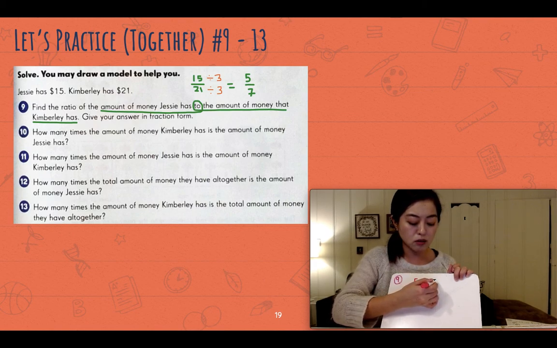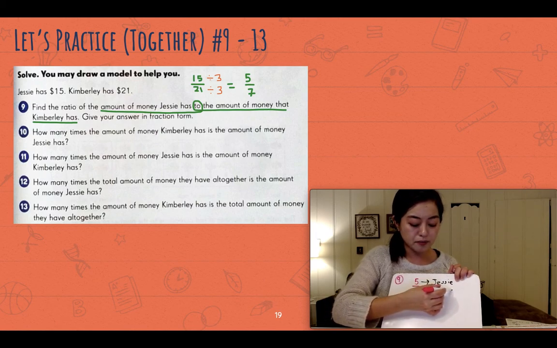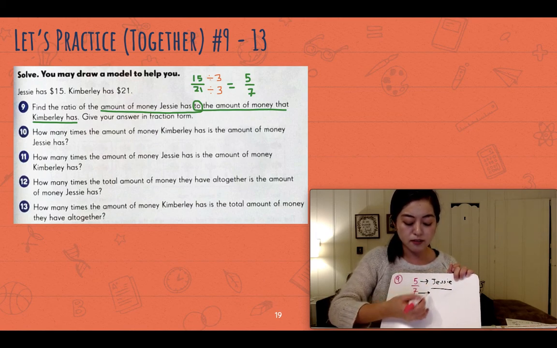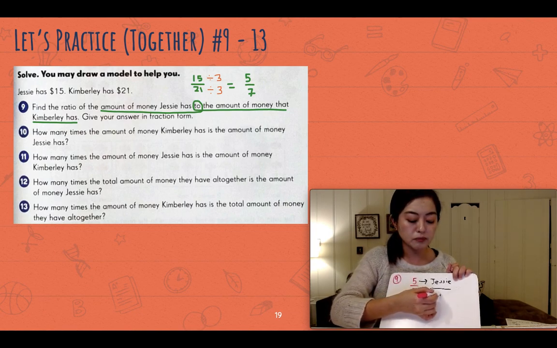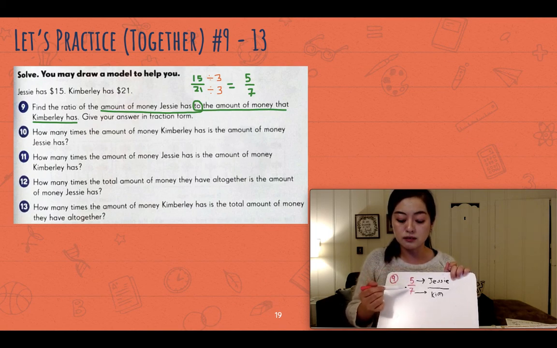And what about the 7? It refers to Kimberly's amount. So 5 units to 7 units here, whereas $5 to $7 here. Actually, it's 5 units because it's 5 groups of however many dollars and 7 groups of however many dollars.